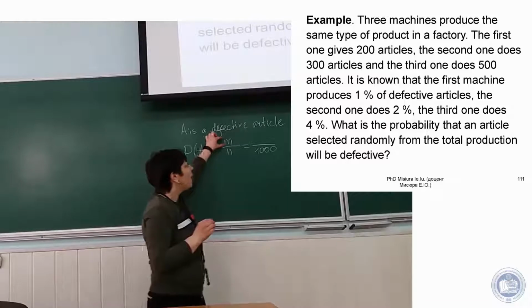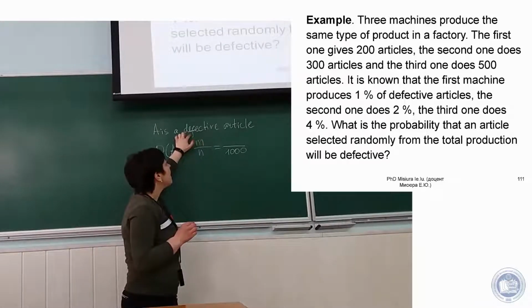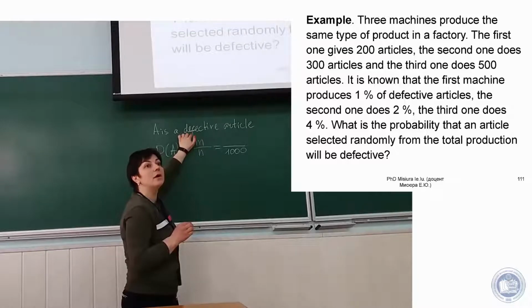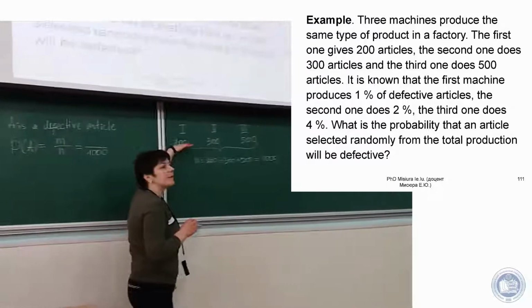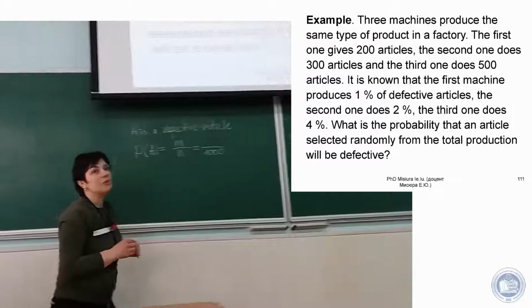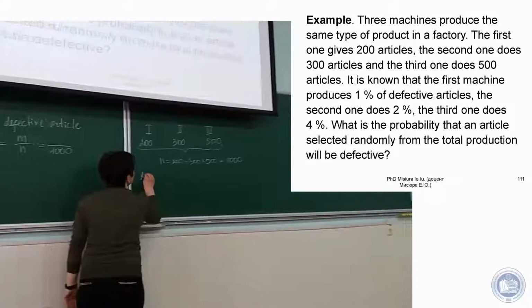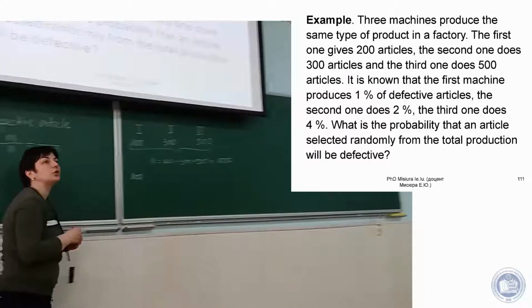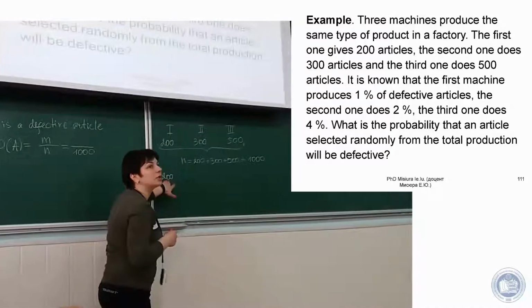How to explain M? It's the number of defective articles. In order to define the number of defective articles, you need to look at the condition of this task. If you take the first machine, it gives 200 articles.